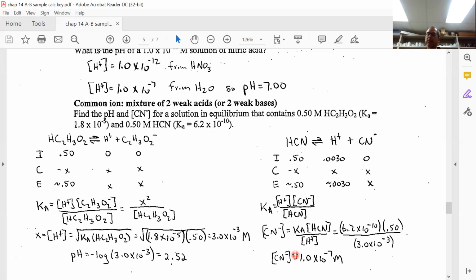So if you have two weak acids, and there's any discrepancy in the Kas at all, the one with the higher Ka is really going to contribute all the H plus. The one with the lower Ka won't have a significant contribution. All right, that's page 11. Hope that helps.